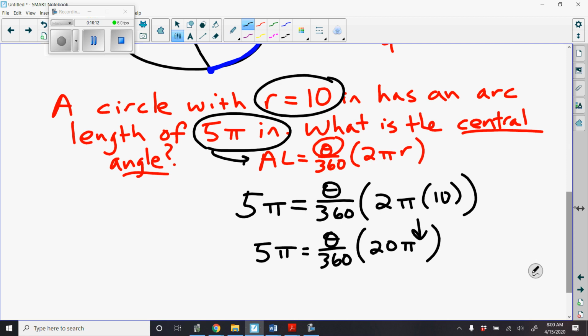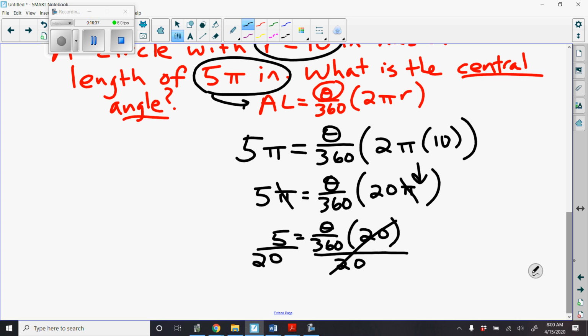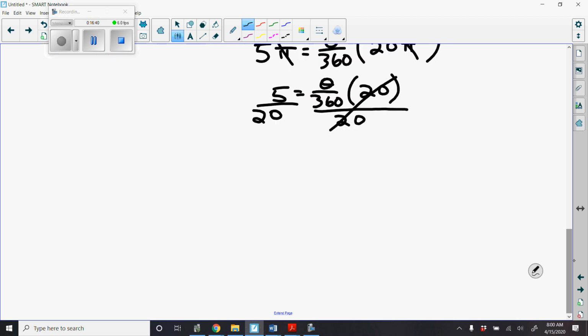The first thing I'm going to do is see that there is a pi on both sides of this equation, so I'm going to cancel out the pi. I'm going to get 5 equals theta over 360 times 20. Then I'm going to divide both sides by 20. Five divided by 20, you can use your calculator, is 0.25. And then to get theta alone, I just have to multiply by 360.